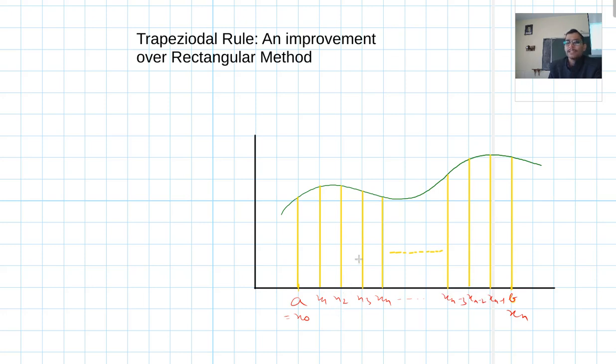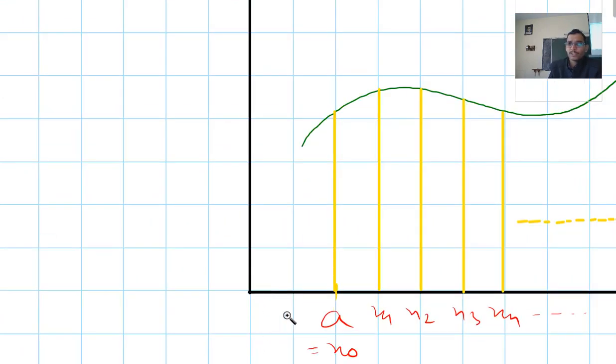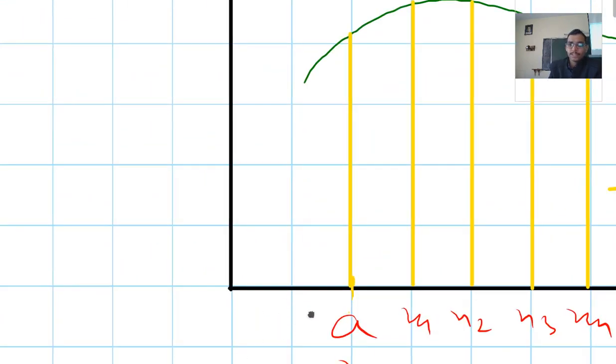What I will do, I will try to find out the area under the curve, and I will use the trapezoidal rule. So I will make a trapezium. Trapezoidal means trapezium. So I will draw a trapezium, joining these points.